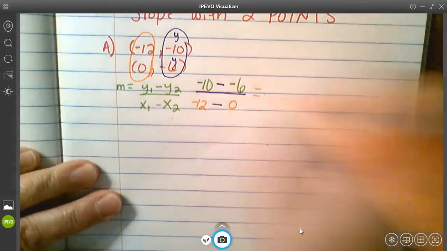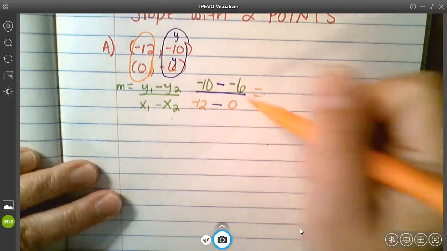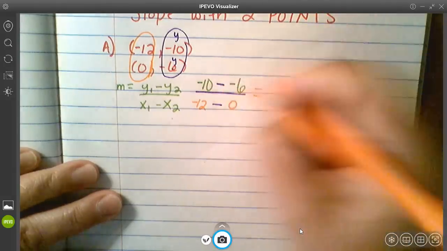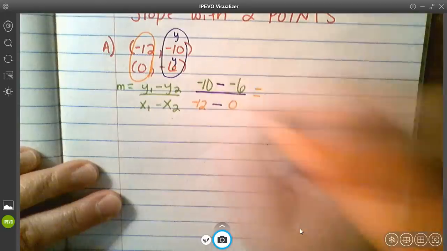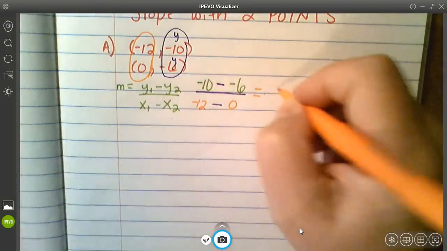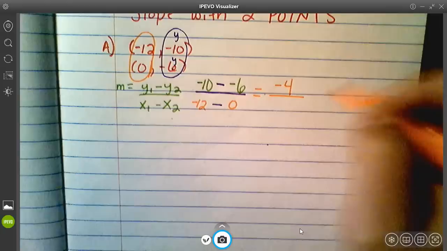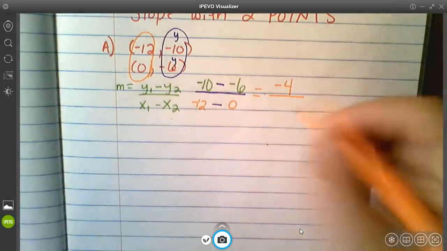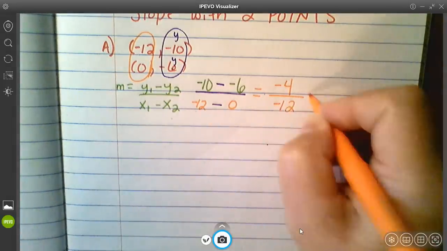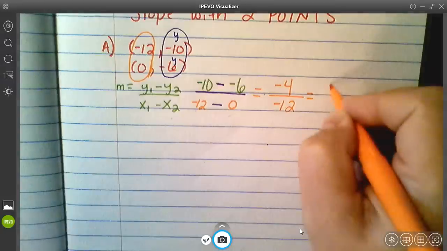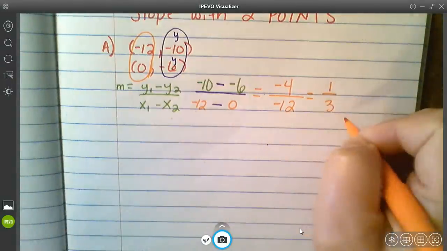Okay, what does this give me? -10 plus 6. Again, type this into the calculator, and I get -4. -12 minus 0 is just -12. And when I simplify that, I have a 1/3.